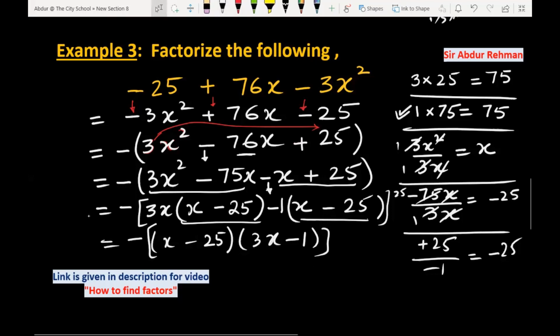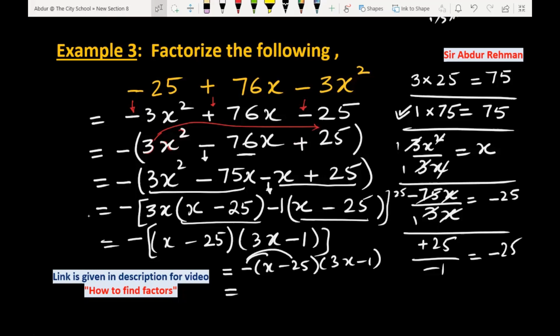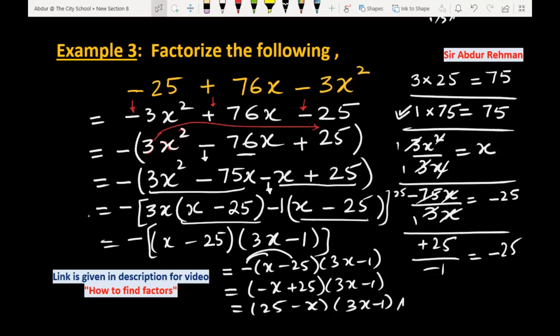Minus times x minus 25 times 3x minus 1. For the first bracket, x minus 25, multiplying by minus gives minus x plus 25. The final answer will be 25 minus x times 3x minus 1. This is your final answer. Now move on to example number 4.